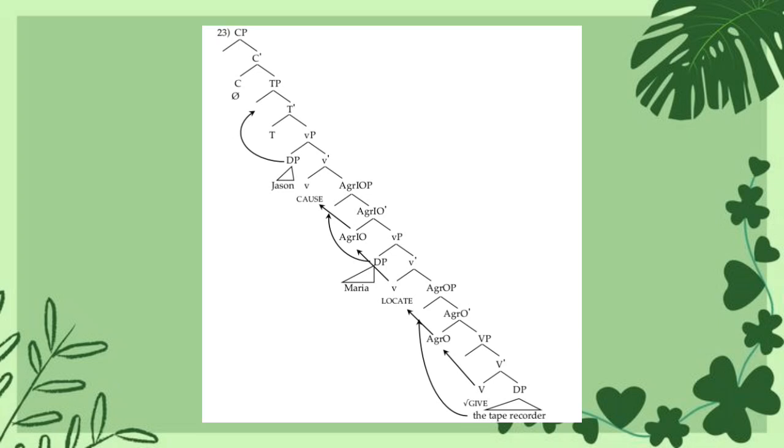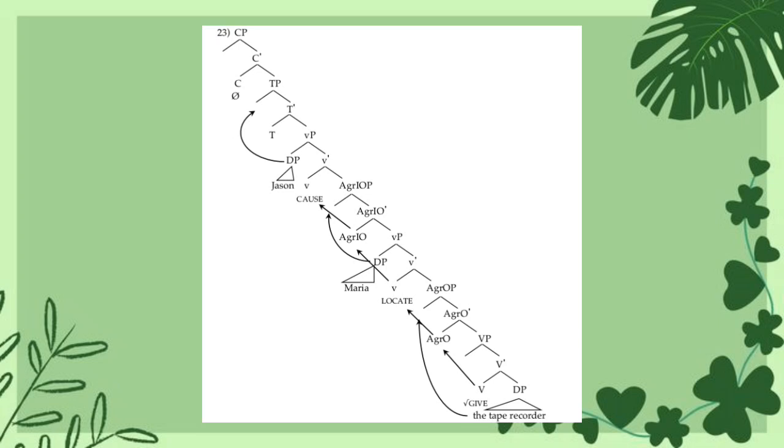If the theme moves to the specifier of AgrOP for case, then the goal must be moving to a higher position than that. One possibility that has been proposed is that goals can be introduced by two distinct mechanisms. One is via a preposition like to, the other is using another light verb, this one meaning locate or possess instead of cause. Each DP moves to its case position, and the root give moves through AgrO, locate, AgrIO and into cause.